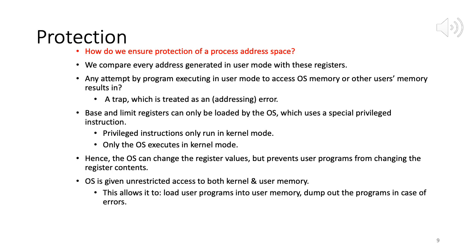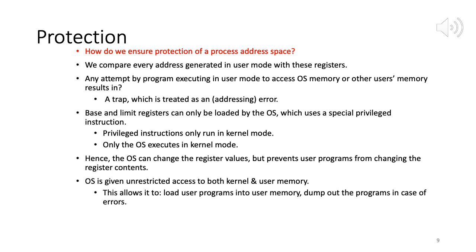Now I am on slide 9. Using this base and limit register, how can we ensure this protection of a process's address space? So the question is, how do we ensure protection of the address space of a process?